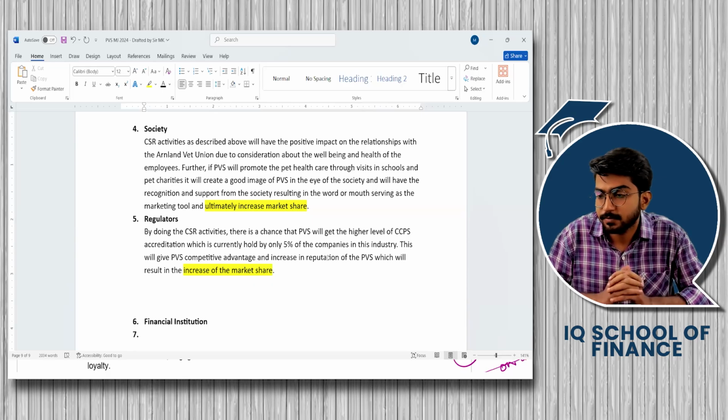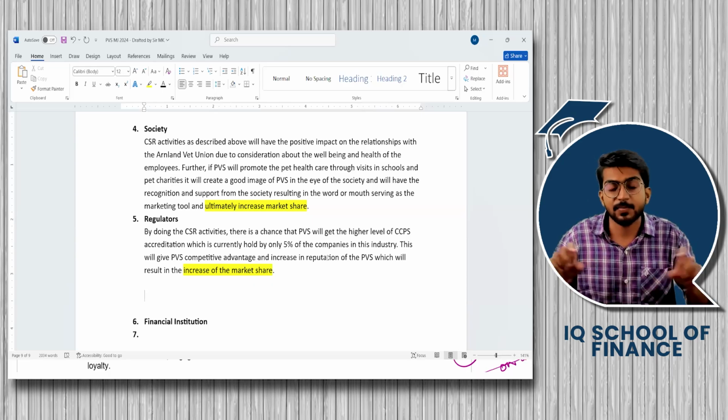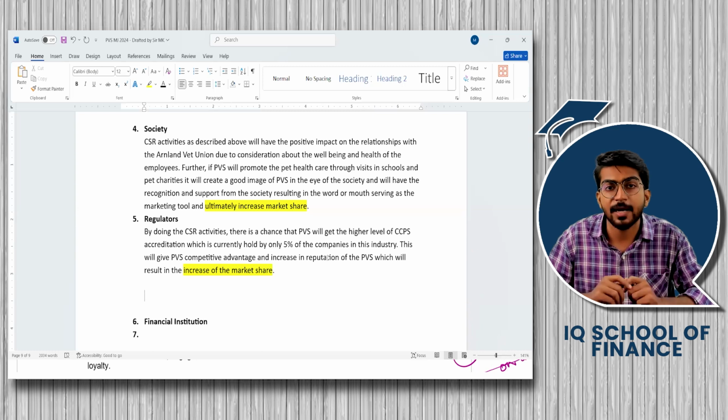Is there a chance? Okay. Yes, subsidies. So Sneha and Pooja, can you please draft this point for me, that by doing these kinds of things, there is a chance that PVS will get these things?